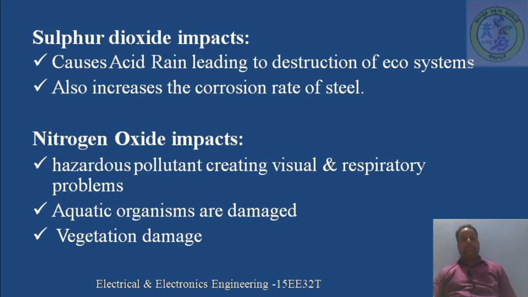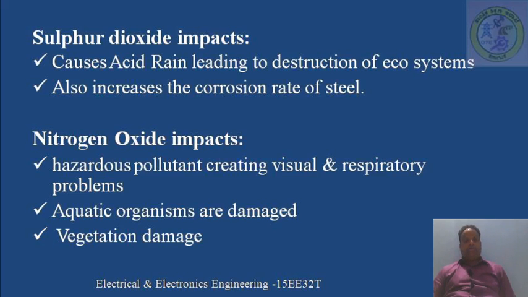How is acid rain caused? When sulfur dioxide mixes with water, it forms sulfuric acid.